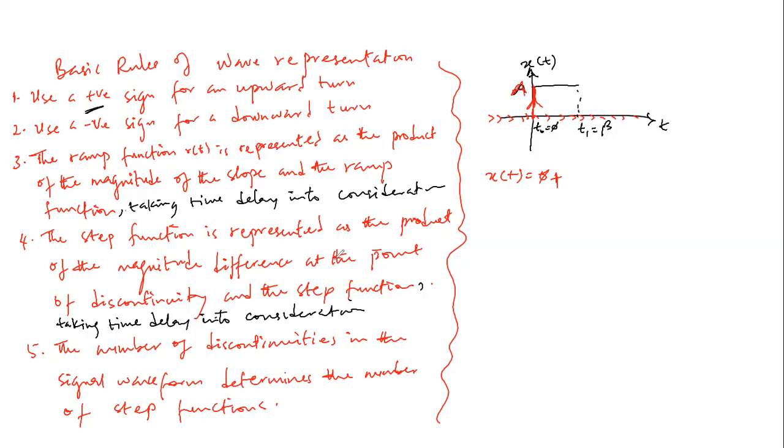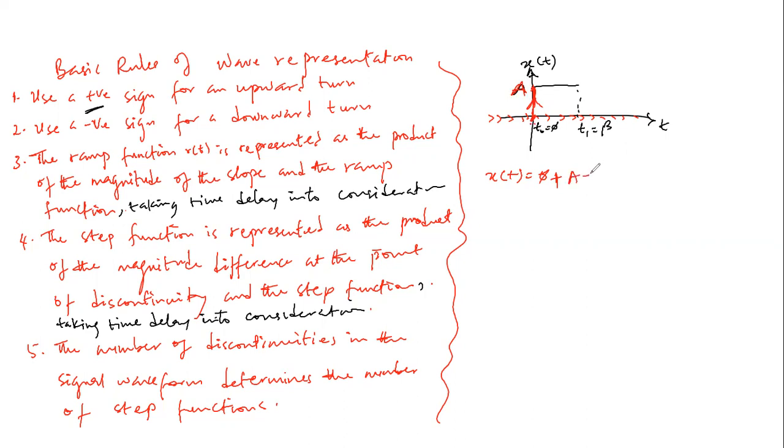The product of that and the step function itself, taking time delay into consideration, okay? So the magnitude difference here is A minus 0, okay? At time t equal to 0, at the point of this discontinuity, the amplitude difference is A and 0.